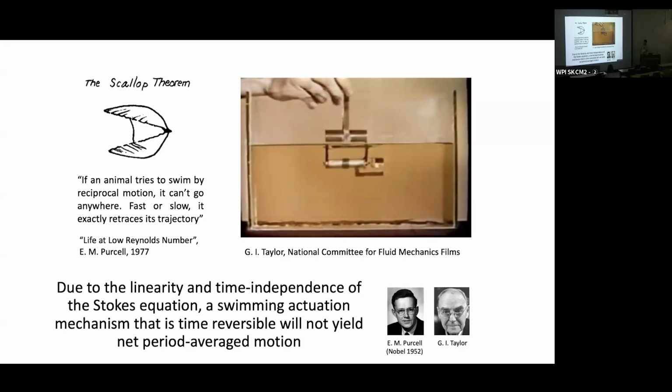But then when he puts it in glycerol, a high viscosity liquid, he doesn't get anywhere. And then he's going to put in his helical robot and it will move, albeit pretty slowly. So that will happen shortly.